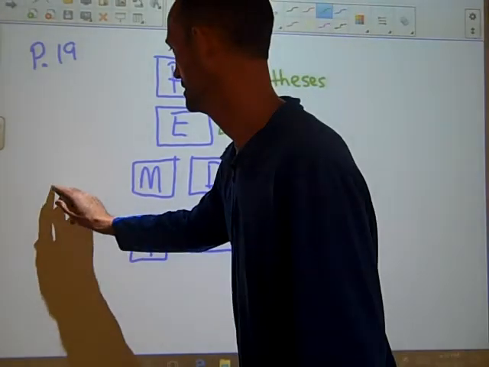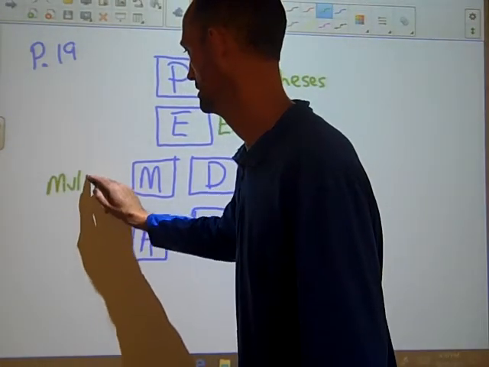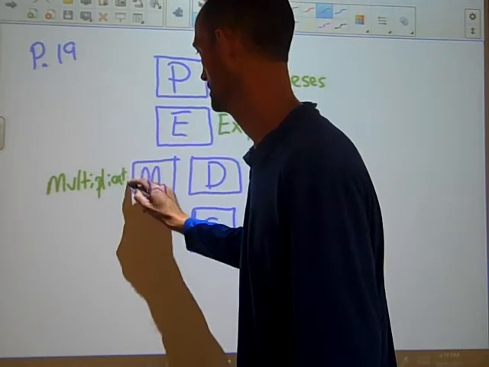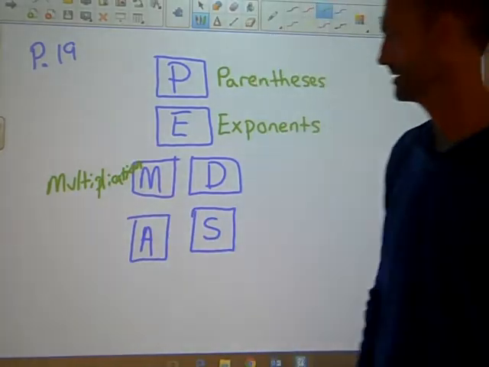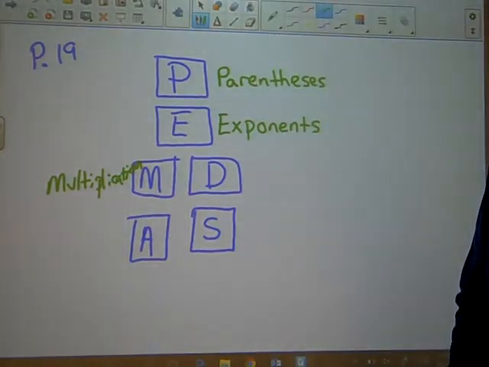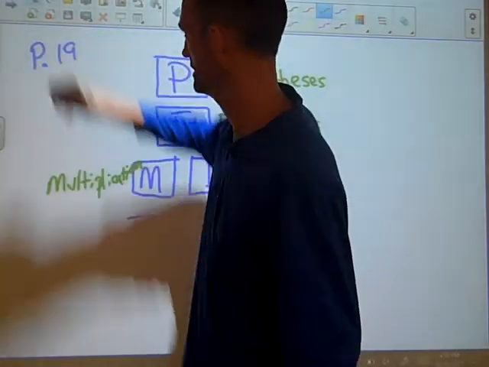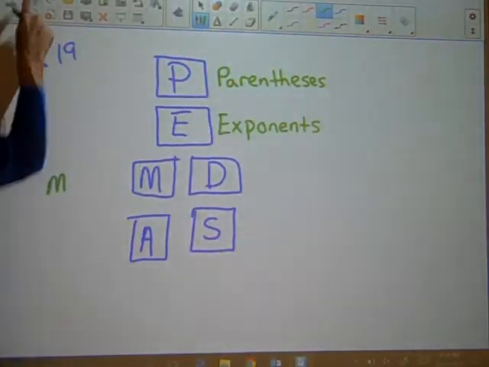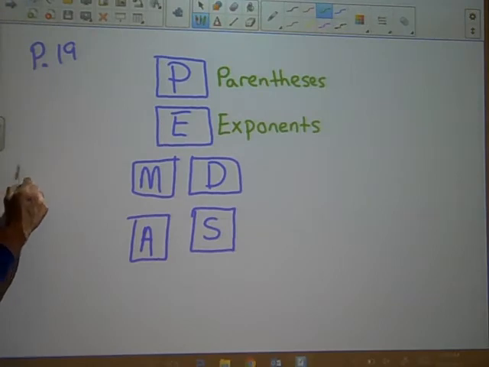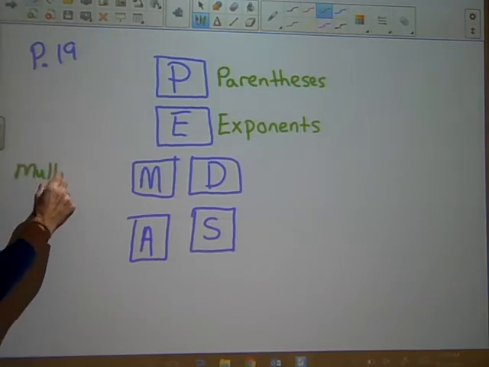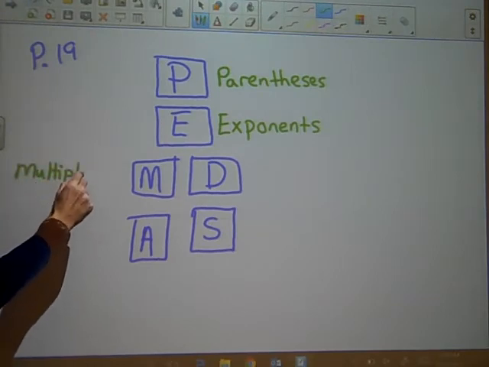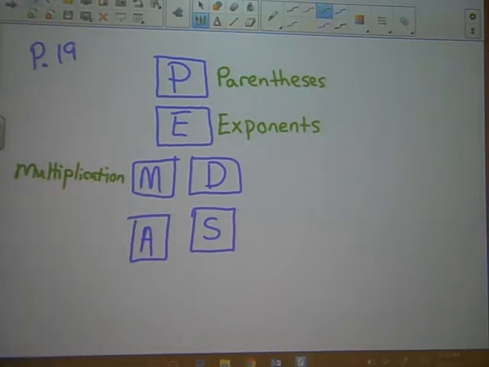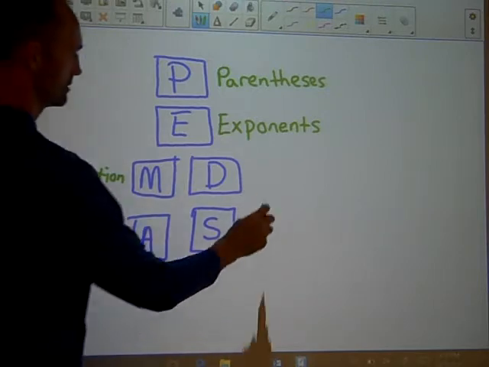The M stands for multiplication. So write multiplication there. I'll probably erase that here for you and rewrite that a little better. Again, you can try and write it small underneath the M, or write it to the side like I did, multiplication.